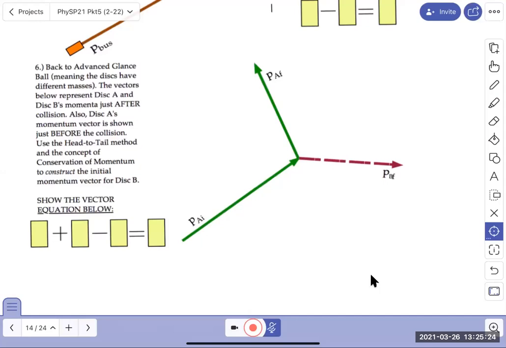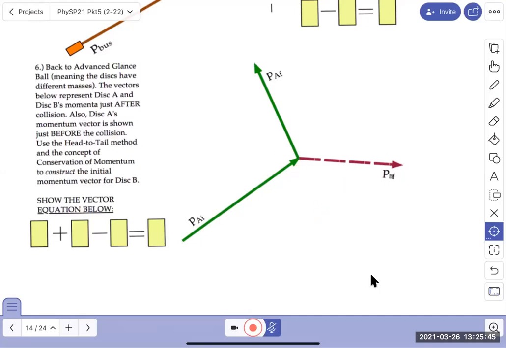This would also be a case of if you are, say, a police officer or highway patrol or something, and 2 things hit and they bounced off each other. I don't know what you'd have, but you're trying to figure out, well, what was the mass B doing before the collision? What direction was he going?